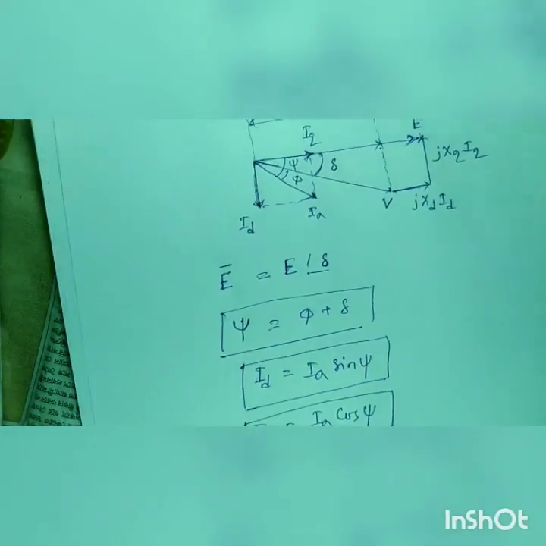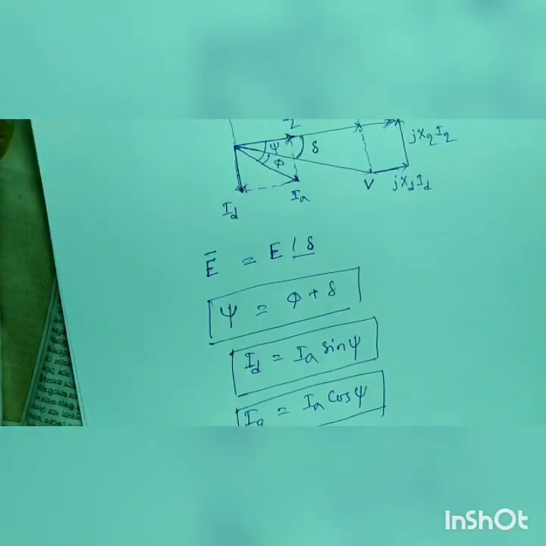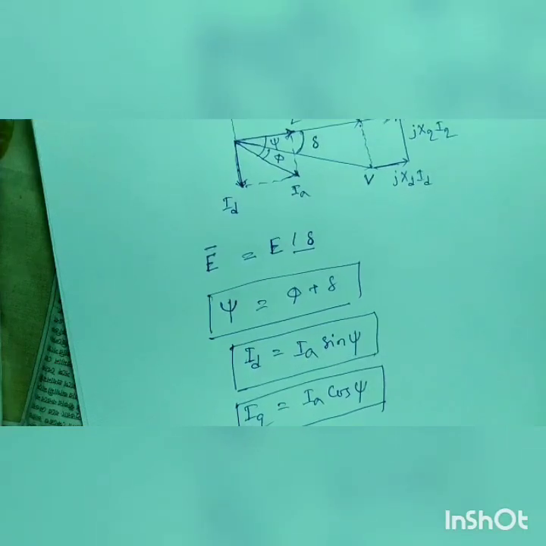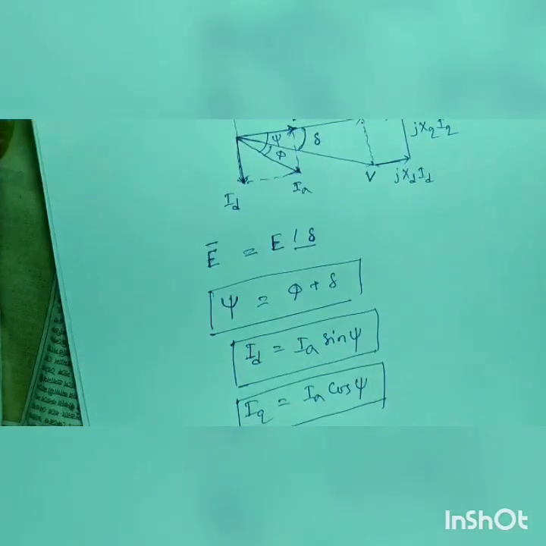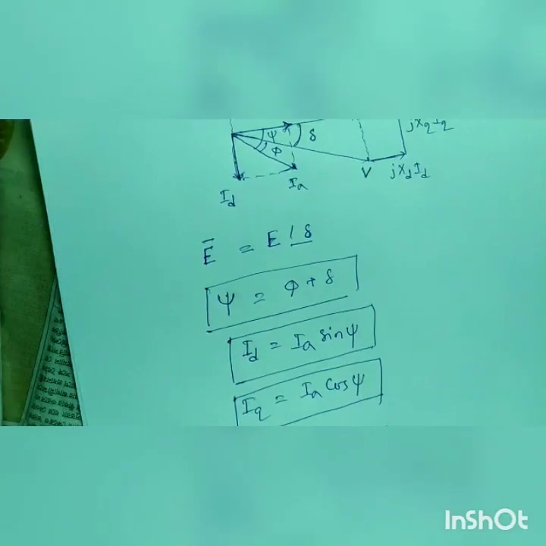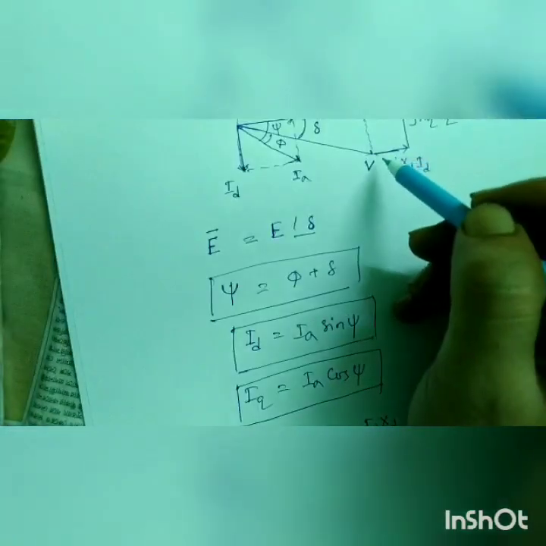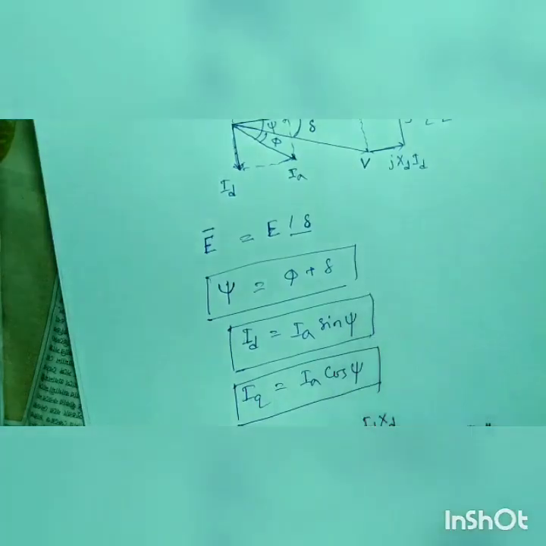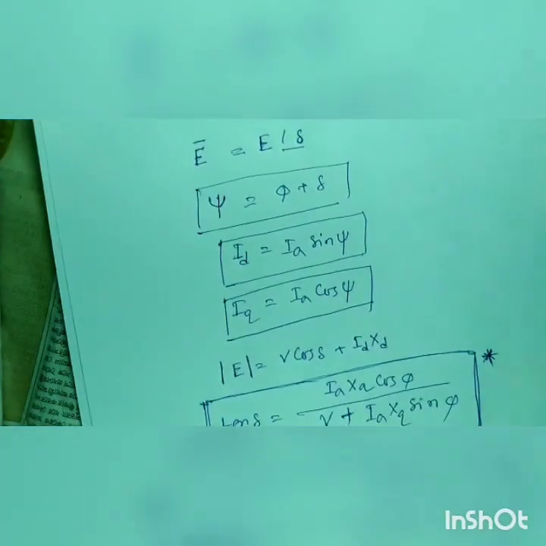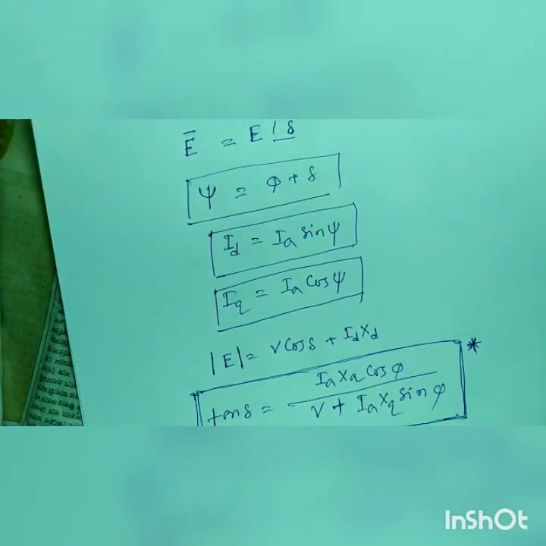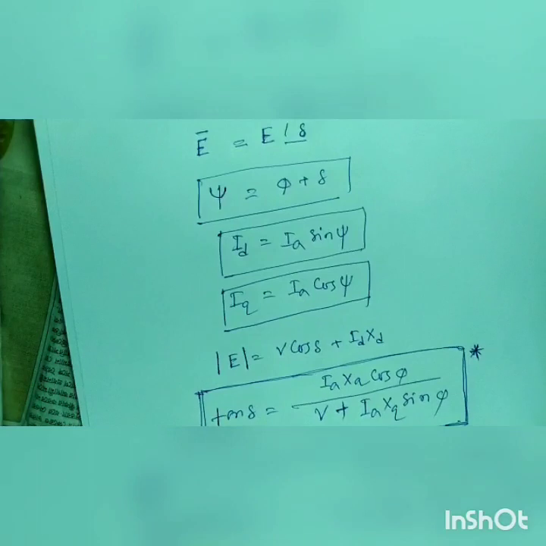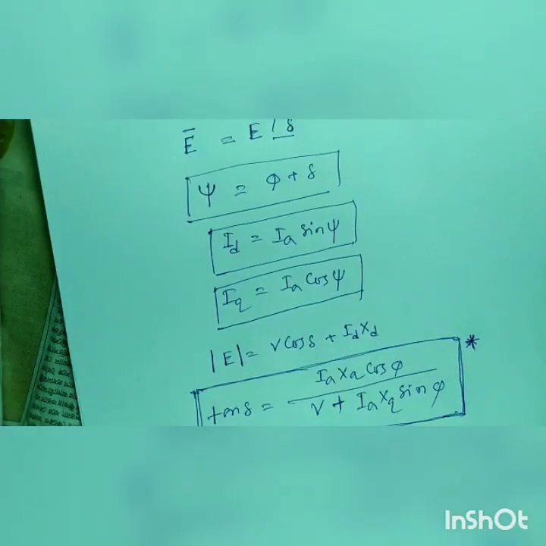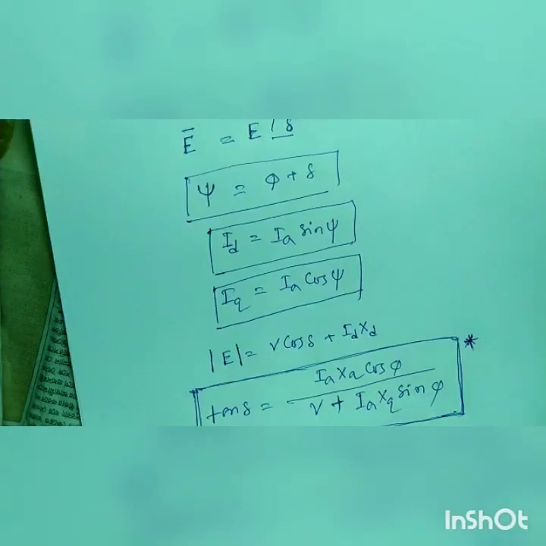When armature resistance is considered, you have to solve the problems in another way, taking the resistance into account. Generally the resistance of synchronous machines is very small, that's why we neglect it, and in most exams it is taken as 0.